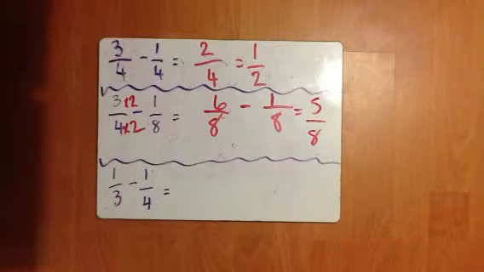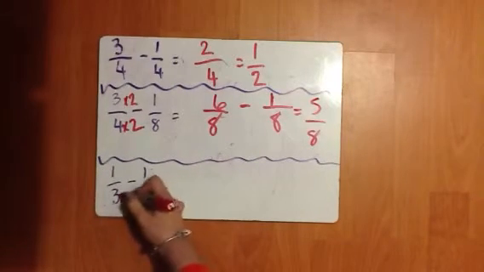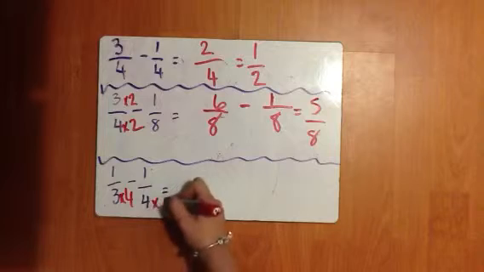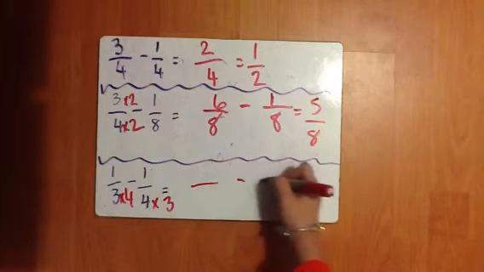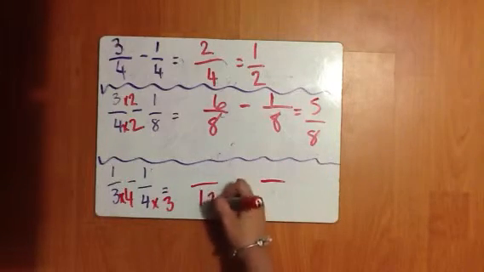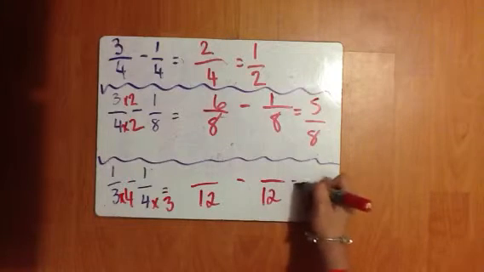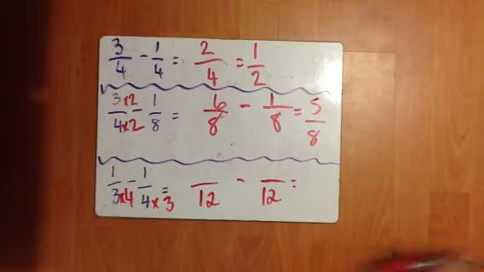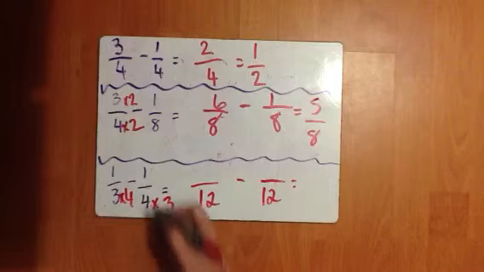Last problem, 3 and 4, they're not related because I cannot multiply 3 by any number to turn it into 4. So what I'm going to do is multiply 3 and 4 together. So multiply 3 by 4 and multiply 4 by 3. That gives me a new denominator of 12. Now remember, whatever we do to the denominator, we have to do to the numerator.